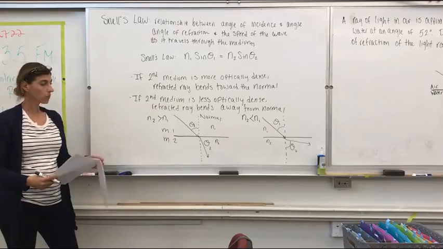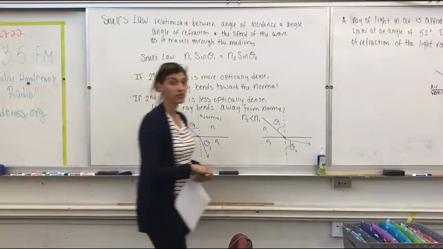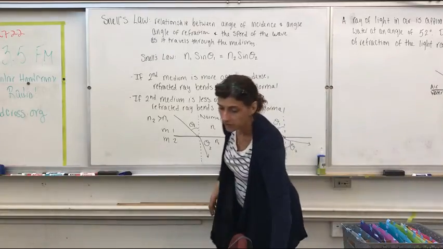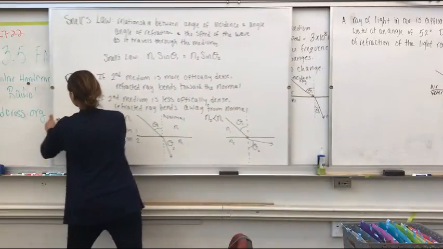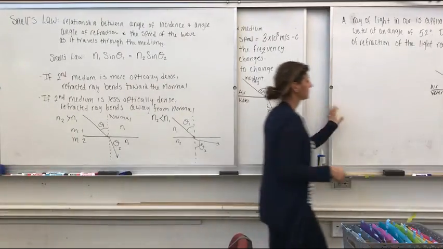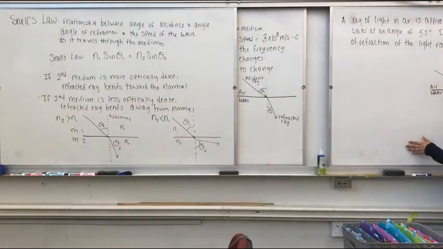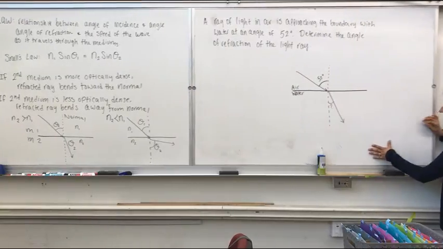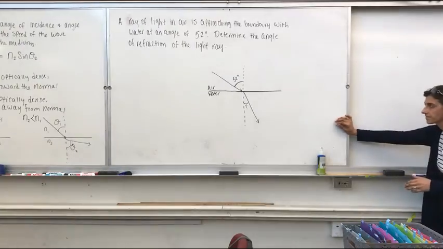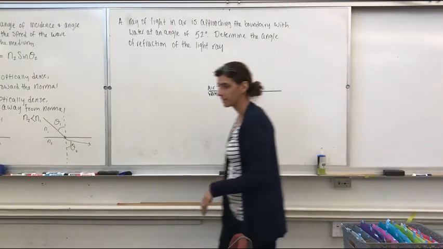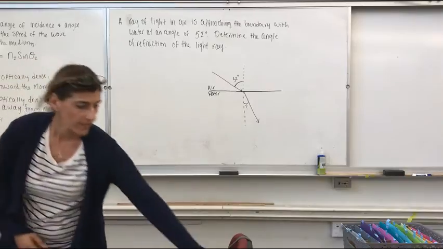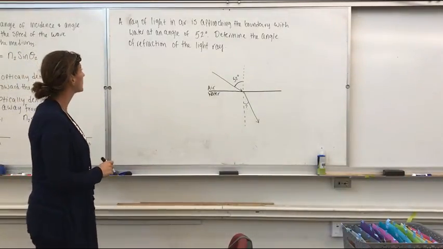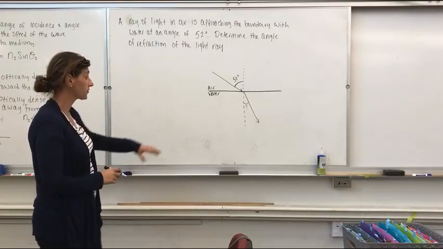Okay, let's try out this Snell's law equation. We're going to do one problem. So here we have a problem that reads, a ray of light in air is approaching the boundary with water at an angle of 52 degrees.